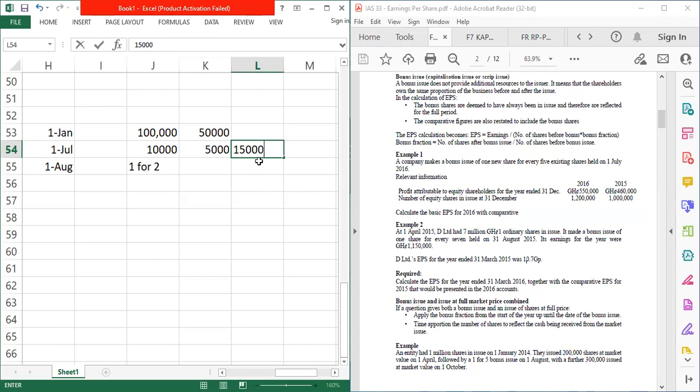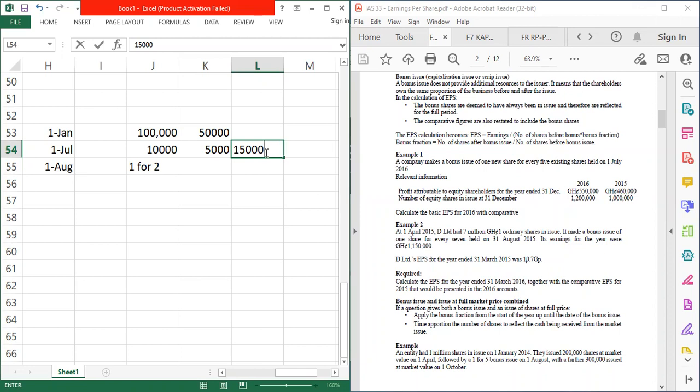The bonus issue will start from the date that they have been issued, because they haven't been issued from the start of the company or from the start of the year. So we can't say the bonus issue of 5,000 will be for a full year, although we don't time apportion bonus issue. Bonus issue is only full on the shares that are in issue from the beginning.